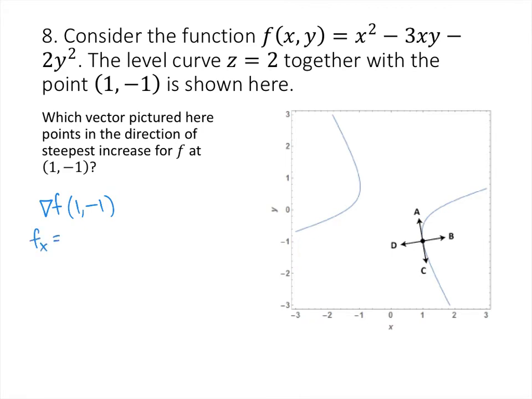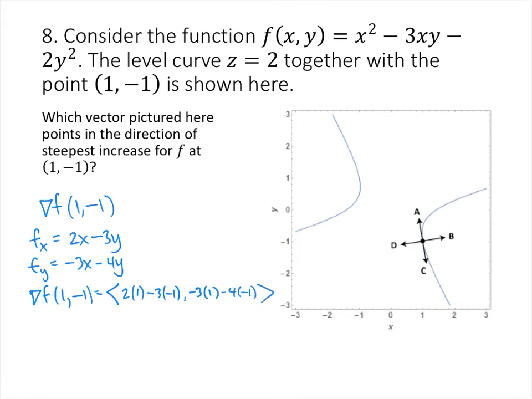So to figure out the gradient, we need to know the x and y partial derivatives. The partial derivative with respect to x is 2x minus 3y, and the partial derivative with respect to y is minus 3x minus 4y. When we plug in (1, negative 1), what we get is 2 times 1 minus 3 times negative 1 for the x partial, and then negative 3 times 1 minus 4 times negative 1 for the y partial, and that's going to be (5, 1).